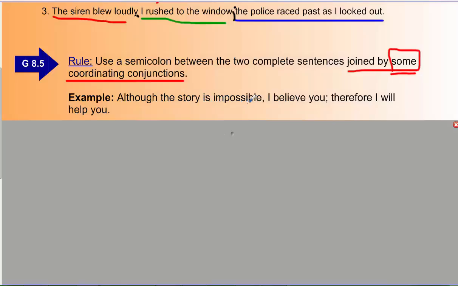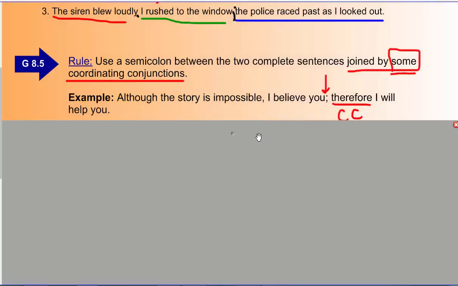Although the story is impossible, comma, I believe you. We have an intro statement with a comma in a full sentence. Therefore, I will help you. Here's the semicolon. This is our coordinating conjunction, so I'm going to put a CC underneath it.